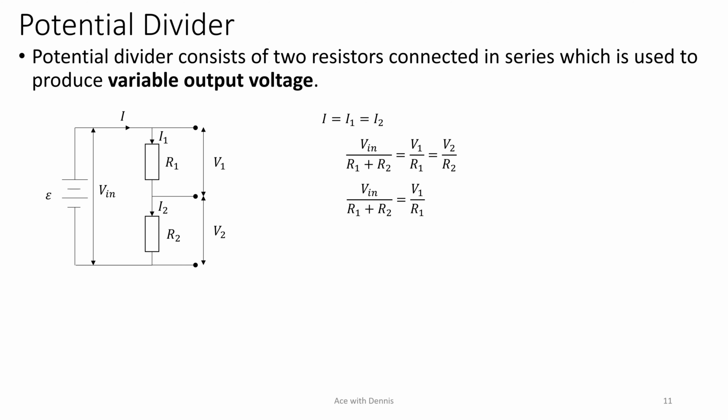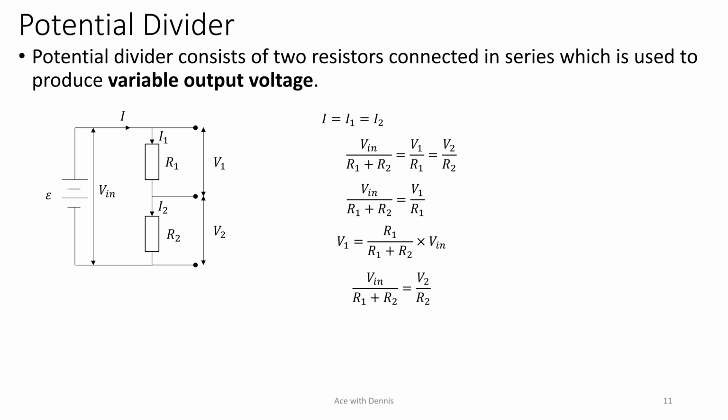We look at the first part: V in over R1 plus R2 equals V1 over R1. Therefore, the potential difference across the first resistor, V1, equals R1 over R1 plus R2 times V in.